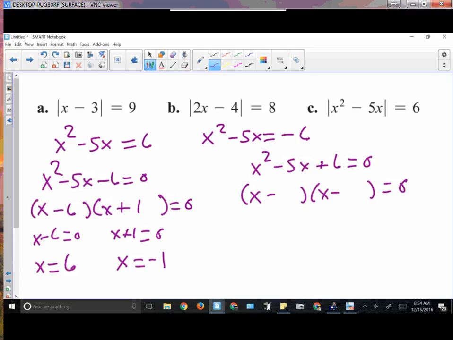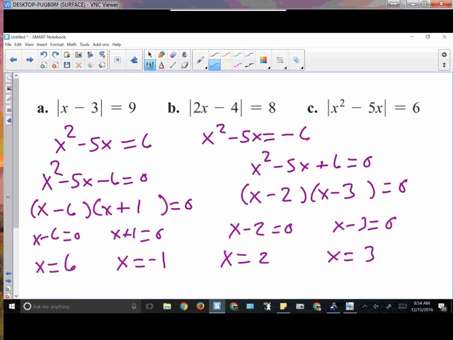So what factors of 6 add up to negative 5? That'd be a 2 and a 3, right? So here we go. That means that x minus 2 is going to be equal to 0, or x minus 3 is equal to 0. X is equal to 2, x is equal to 3.